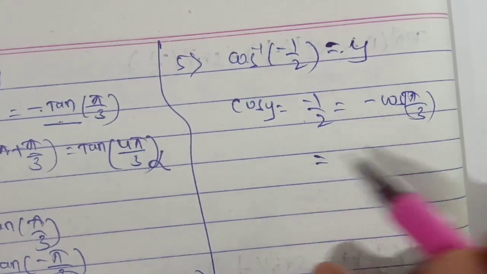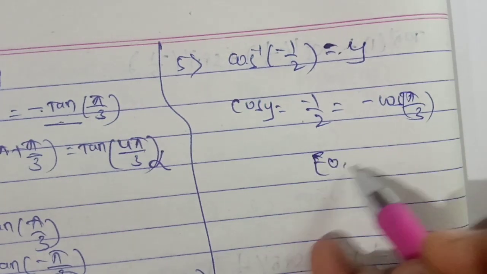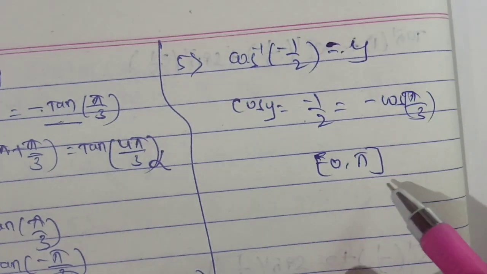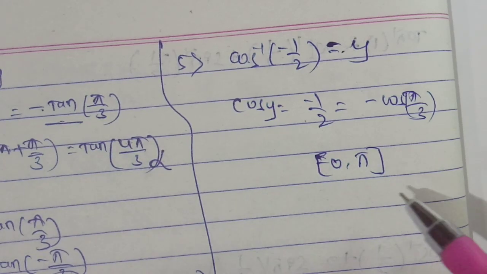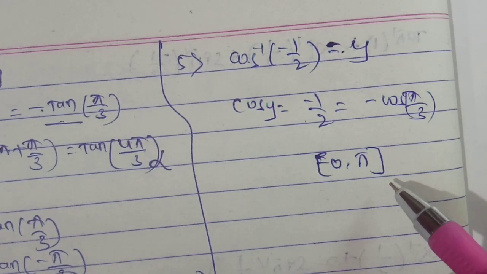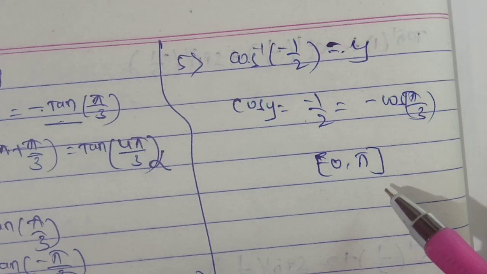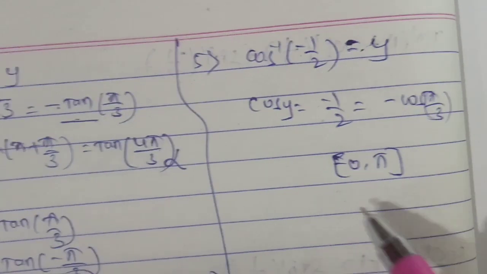The range of the cos function is the closed interval 0 comma pi, and the cos value will be negative in the second and third quadrant.